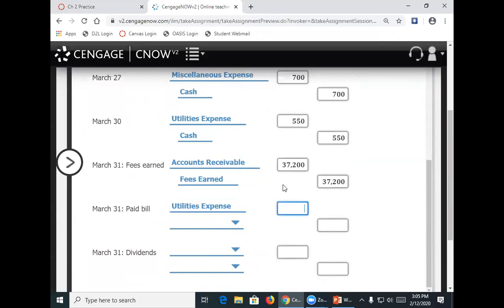So utilities expense of $830, and we credited cash $830. Sometimes they throw in those extra accounts. It would be a payable if we received the bill and we weren't paying it today. That's why they try to confuse you.